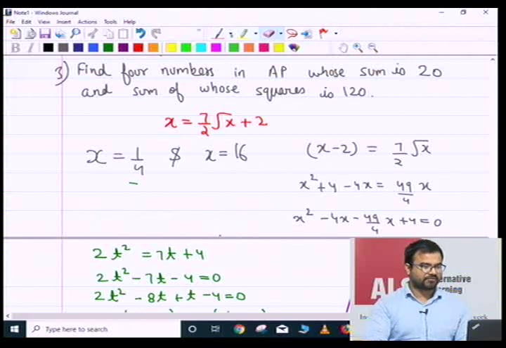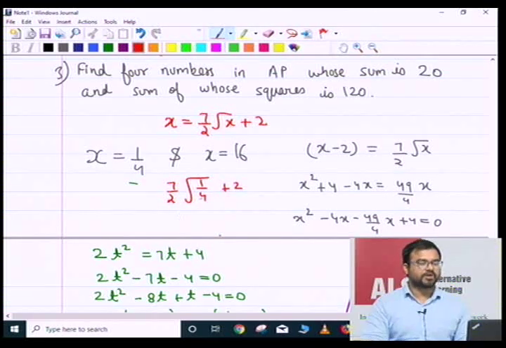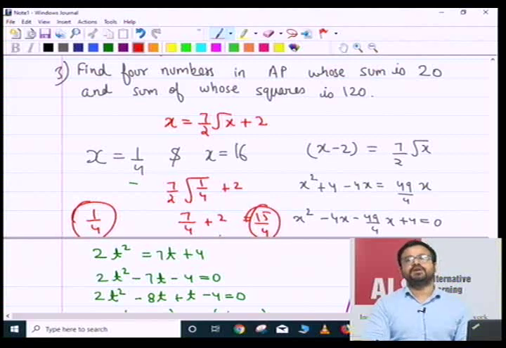If you put 1 by 4 on the right hand side, it will be 7 by 2, square root of 1 by 4 plus 2. Square root of 1 by 4 is 1 by 2, so it will become 7 by 4 plus 2, which will be 15 by 4, and on the left hand side it is 1 by 4. So 15 by 4 and 1 by 4 are not equal, that's why 1 by 4 will not be valid.